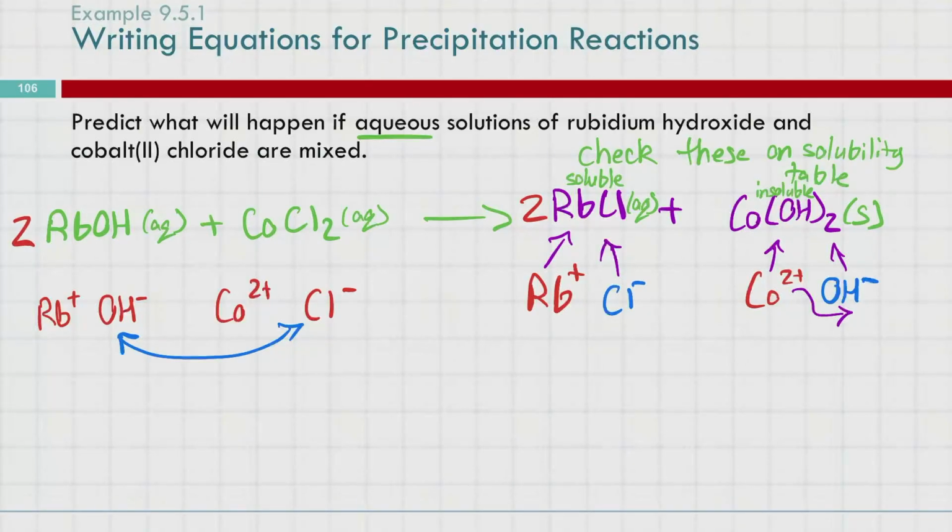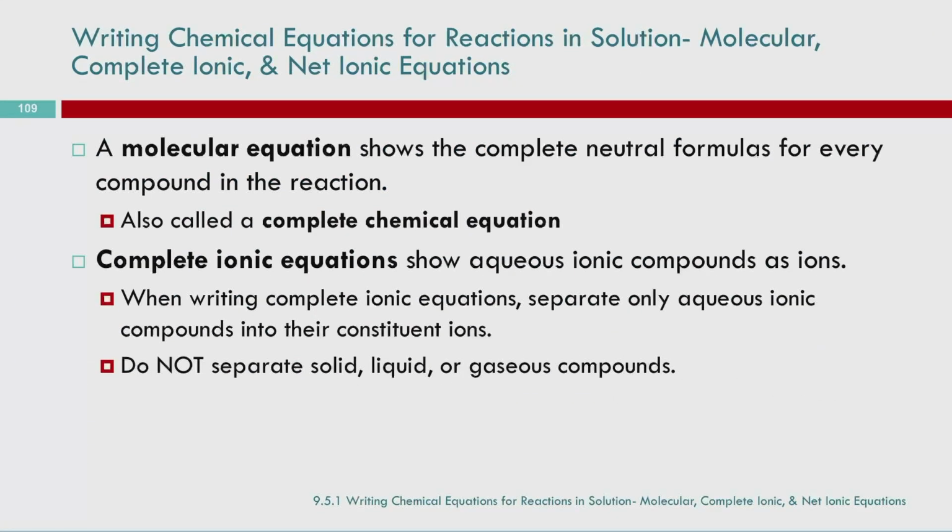All right, I'm going to steal a little bit of time from our lab to finish out the chapter. I'm skipping over a couple of other examples of how to do those double displacement reactions. There are multiple types of equations. We have what we've primarily been looking at, what we've almost exclusively been looking at, which is a molecular equation.